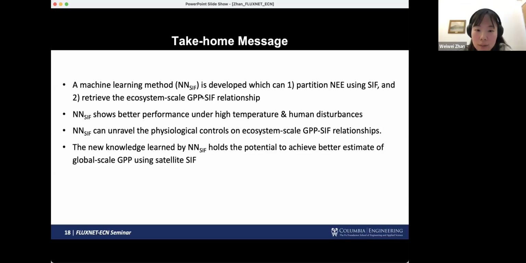Another question is, how do we distinguish sunny and cloudy conditions? We distinguish it based on the ratio of diffuse radiation. If the average diffuse radiation ratio is above 50%, then we evaluate it as a cloudy day. Otherwise, it's a sunny day.